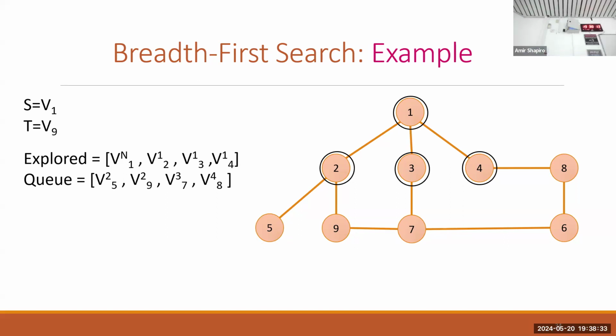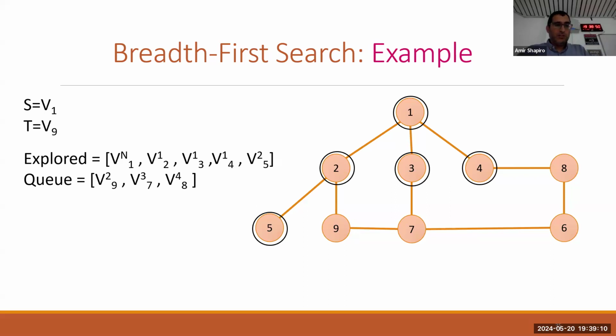As you can see here, 5 will be the next one. 5 has no neighbors because at 2 we already explored them. So we do not go back. We just go forward. And there are no neighbors to 5, so we add nothing to the queue.